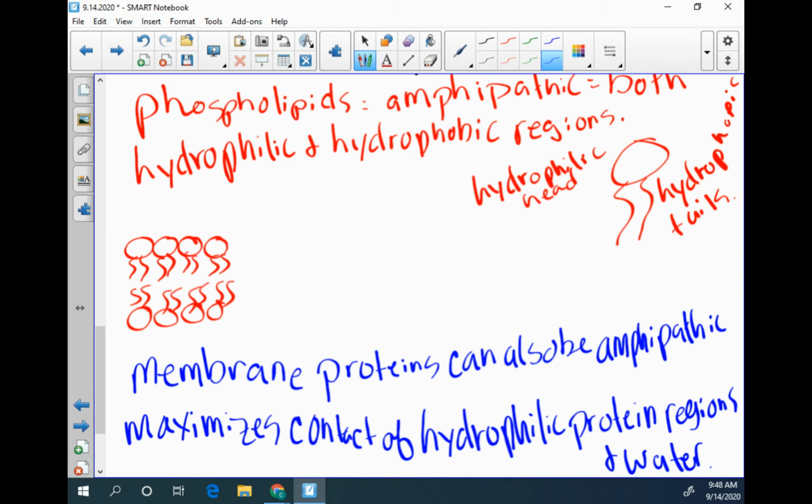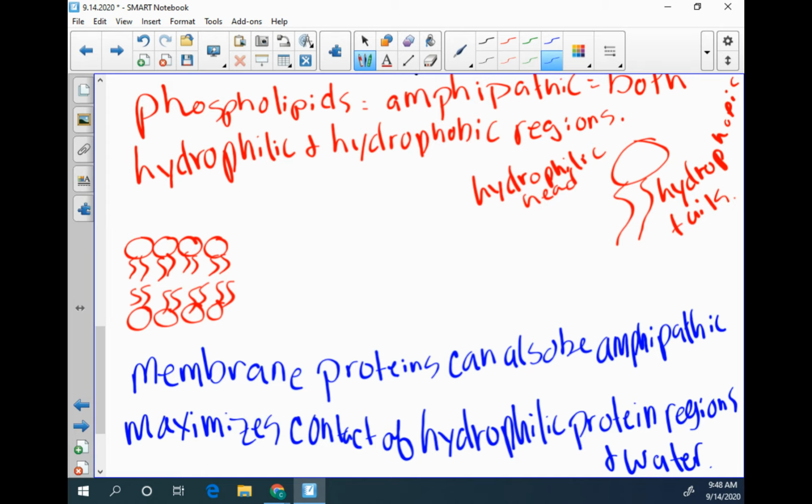So those hydrophilic parts want to maximize their time spent in water or aqueous environments. Those hydrophilic regions will orient themselves toward the outside, and the hydrophobic parts of the protein will hide in the hydrophobic part of the membrane.